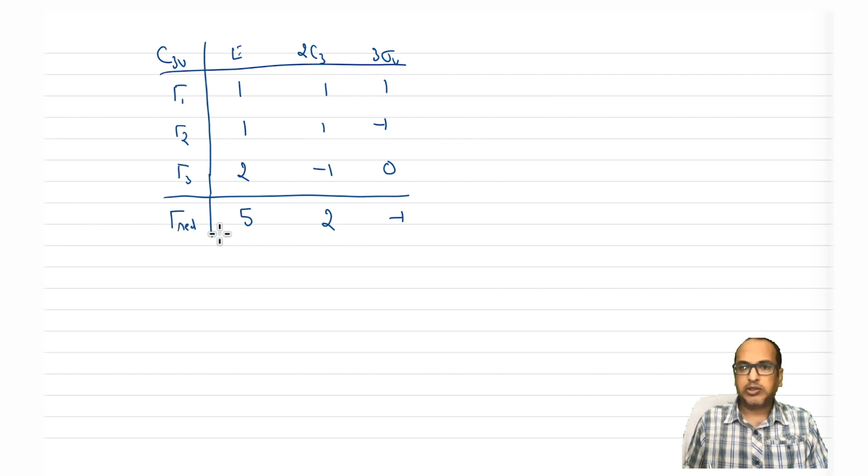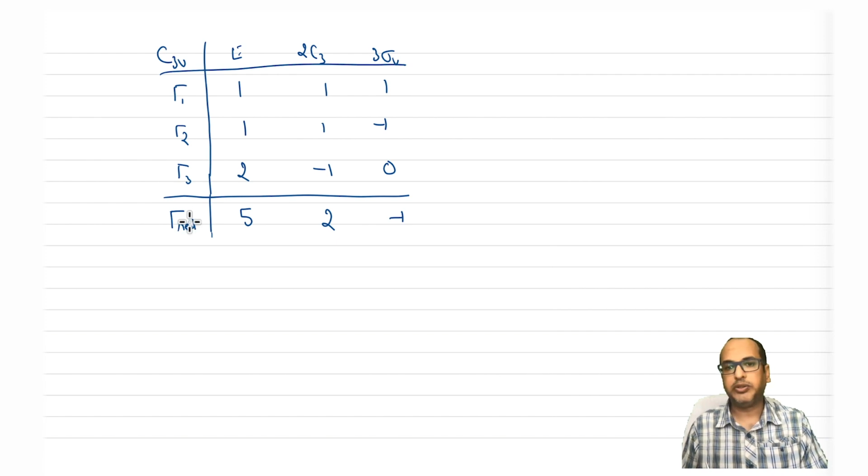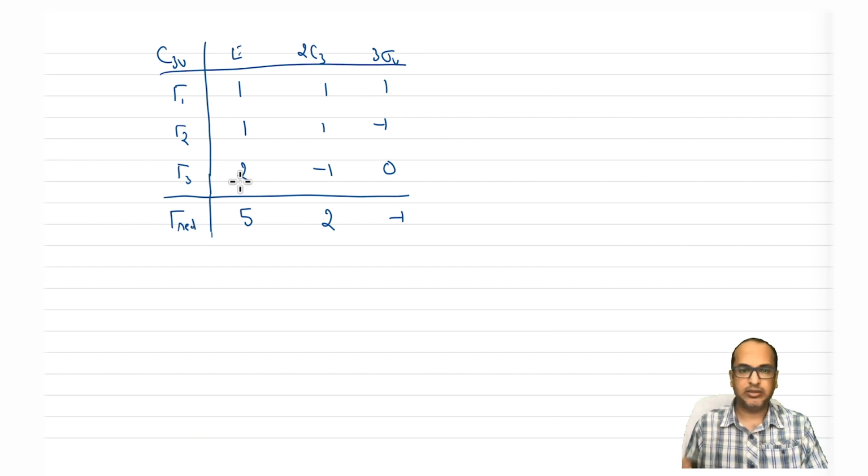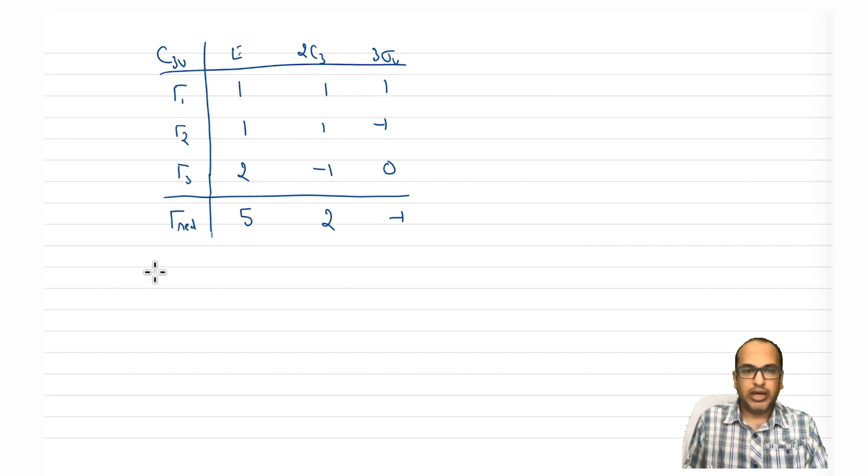I'm assuming that you know how to distinguish between a reducible and an irreducible representation. Okay, so now once you have written the character table and the reducible representation under some basis set, as per this rule we should have A1 tau 1, A2 tau 2.